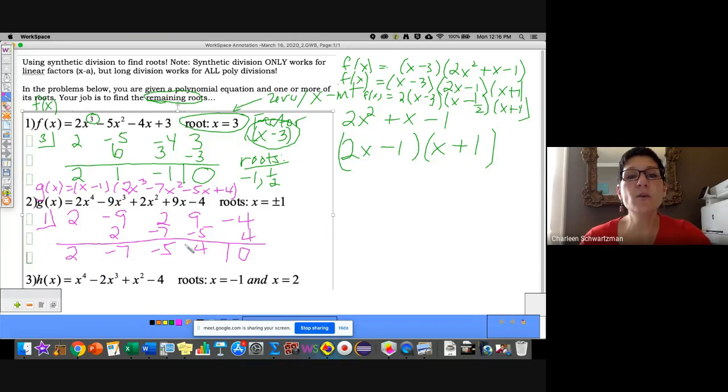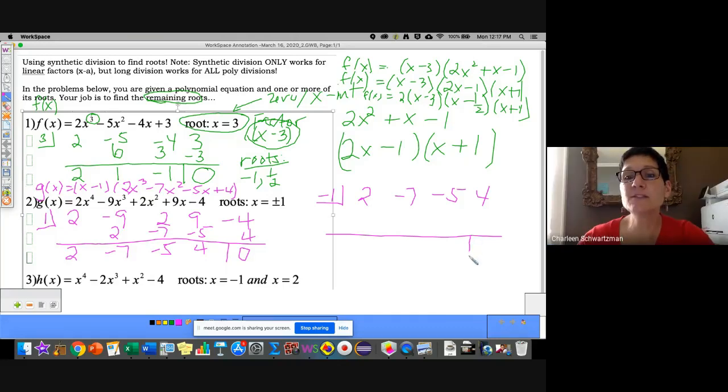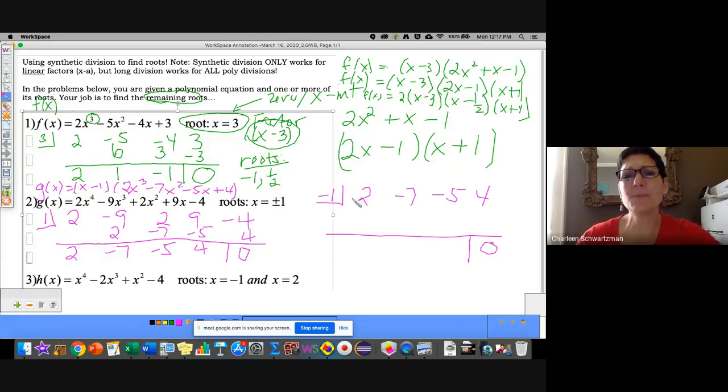So now what we could do is take that second root that I gave you, -1, and use this set of coefficients to move on to the next level. I can take the 2, the -7, the -5, and the 4, because if I divide that out, what is going to be the degree of whatever's left over? 2. And again, because it's a root, I'm going to put a 0 there.